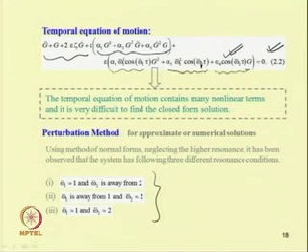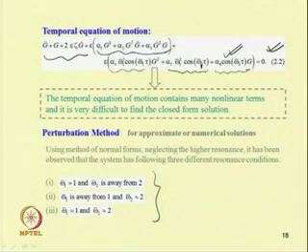In the first case it will be simple resonance like the previous one. In the second case, when omega 2 bar is nearly equal to 2, we can have principal parametric resonance. And when omega 1 bar is nearly equal to 1 and omega 2 bar nearly equal to 2, we can have the simultaneous resonance condition.